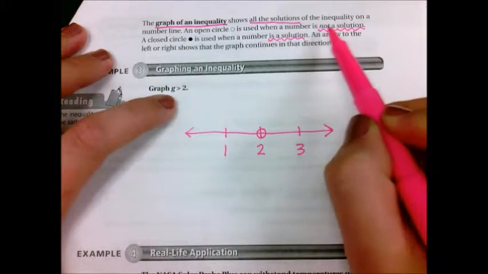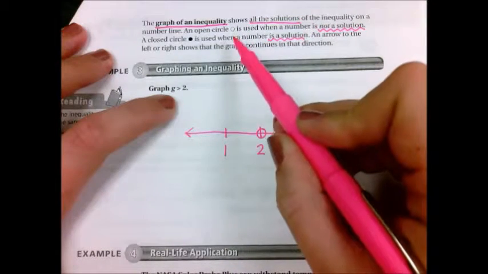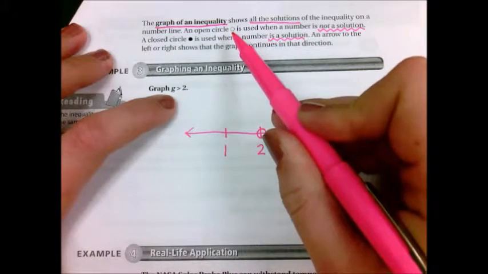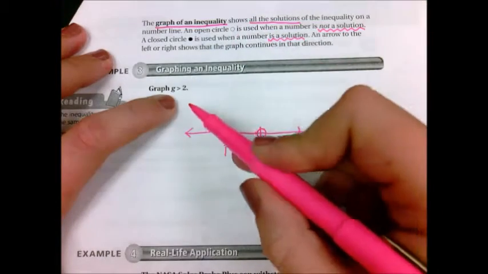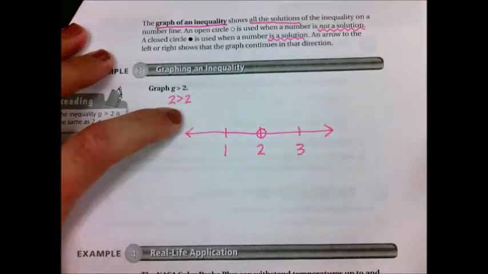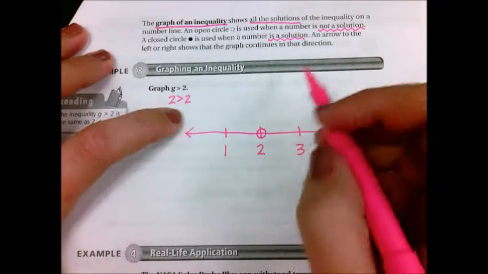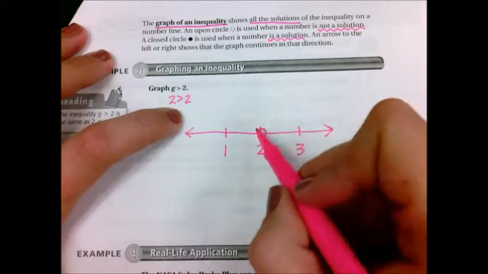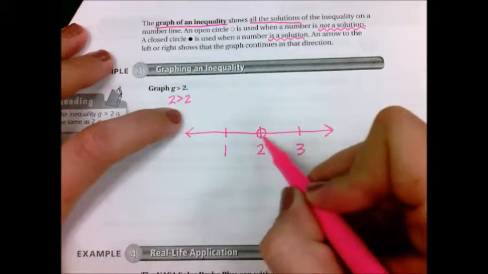If it's not true, if that's not a solution, I'll leave the circle empty. I'll leave it as an open circle. So if I put 2 into here, I would have 2 is greater than 2. That is not correct. That is not a solution. So because it is not a solution, this is going to stay an open circle.